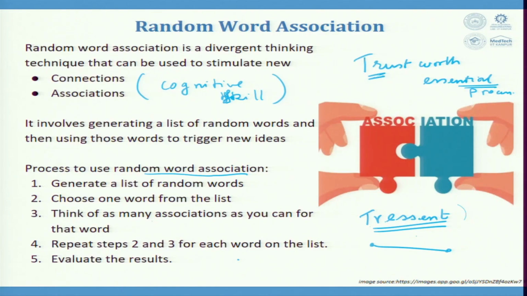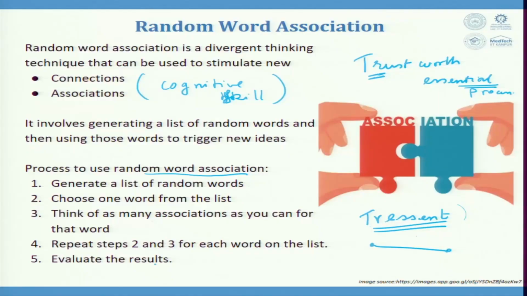Now for every word you would have 10 different associated words or sentences, whatever it is, words are encouraged. So, then you will have 50 into 10, 500 possible solutions or possible ideas. Then finally, evaluate the results and pick the best one.